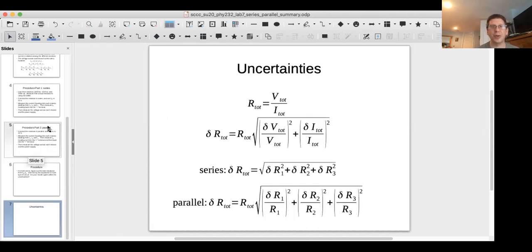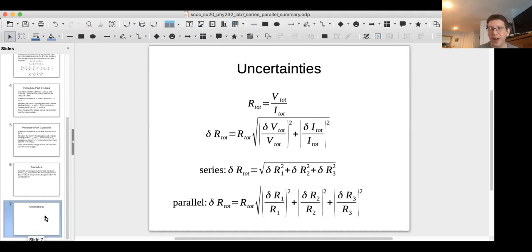So let's quantify the uncertainties a bit. For the Ohm's law part, R total is equal to V total divided by I total, and the uncertainty in your calculation of the resistance is equal to your calculated value of the total resistance multiplied by the square root of (delta V over V) squared, your uncertainty in the voltage divided by your voltage, plus (delta I over I) squared, your uncertainty in your current divided by the current.